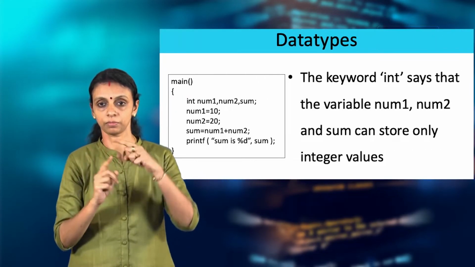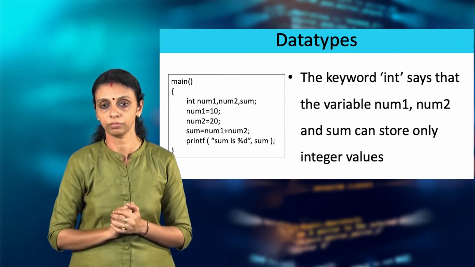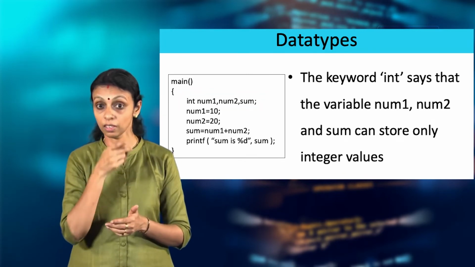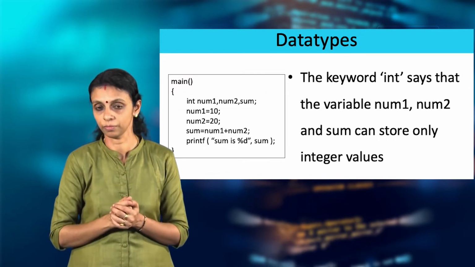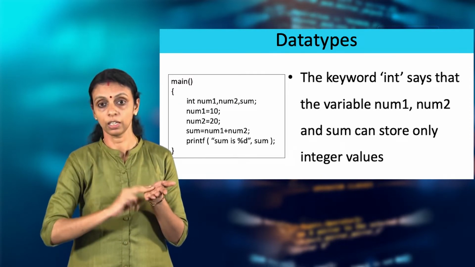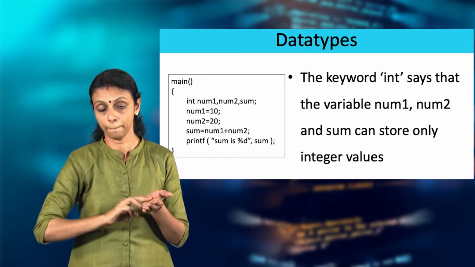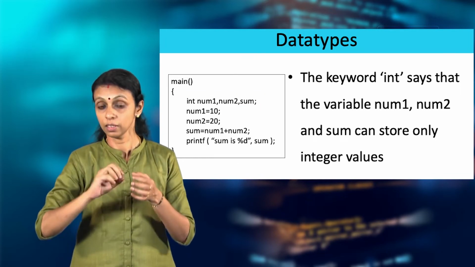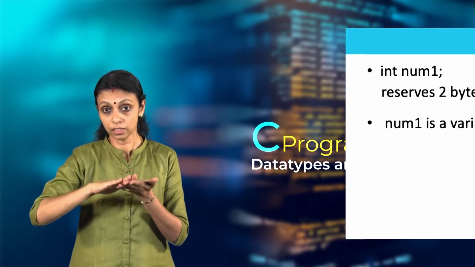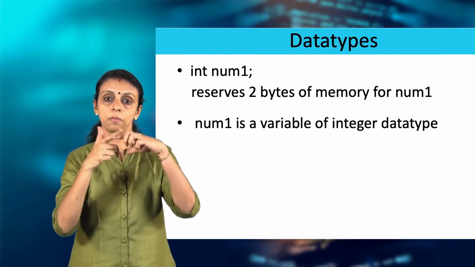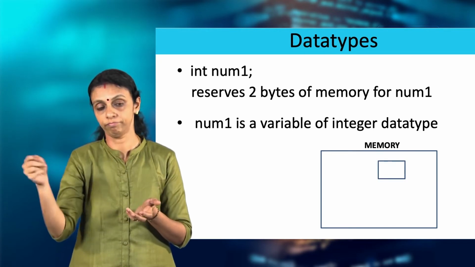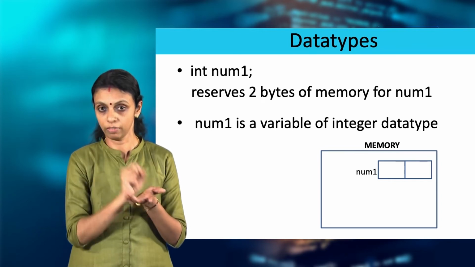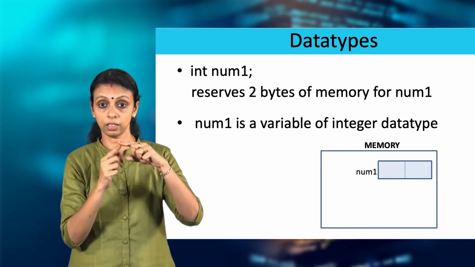Data types. In the example, we used the keyword int. This keyword says that the variables num1, num2 and sum can store only integer values. It reserves 2 or 4 bytes of memory for each variable. So, we can say num1 is a variable of integer data type.